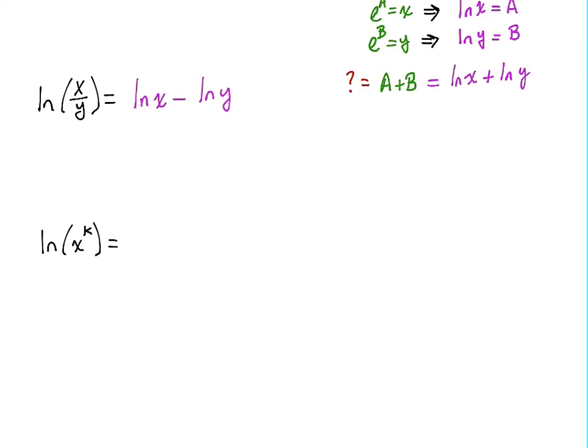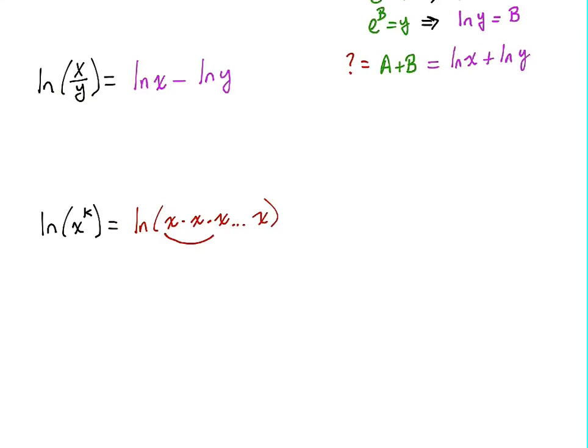If you have the natural log of x raised to some power k, well, this is really the natural log of x times x times x times x, with k x's being multiplied here.